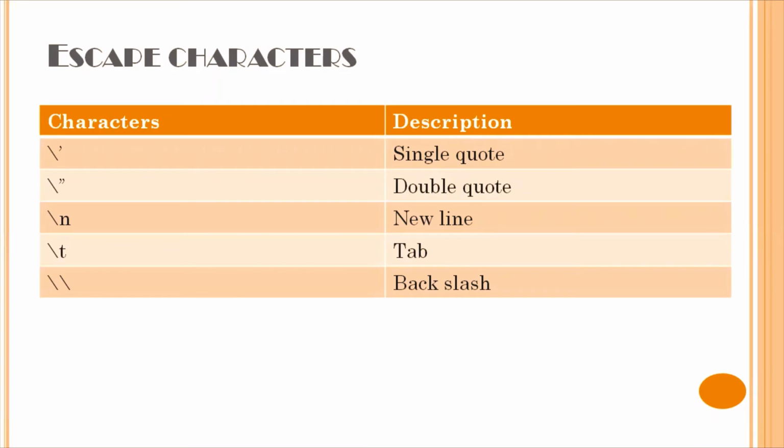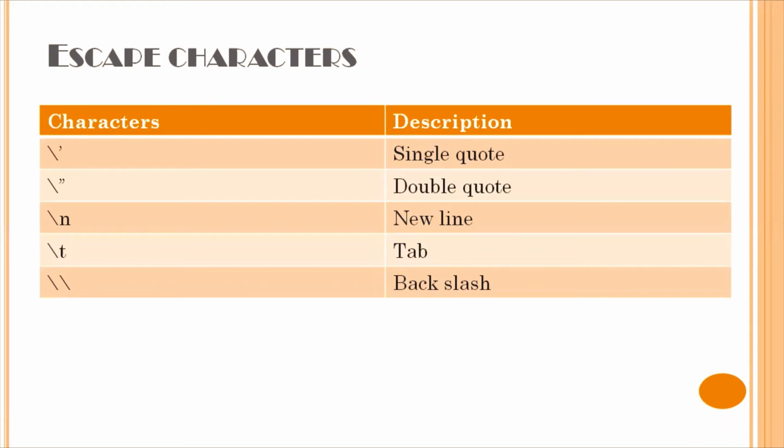Python supports five different types of escape characters. For example, if you want to add a single quote to the display string, you can use slash single quote.